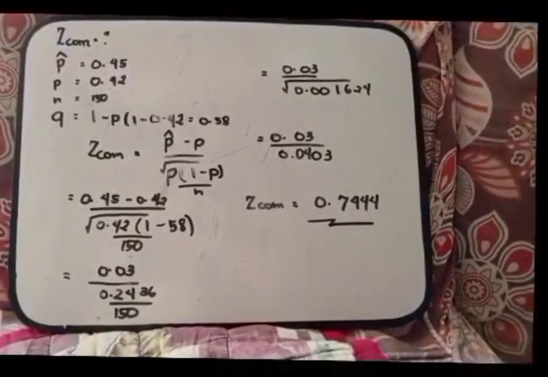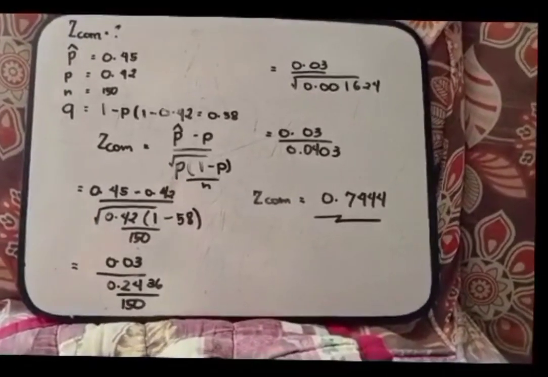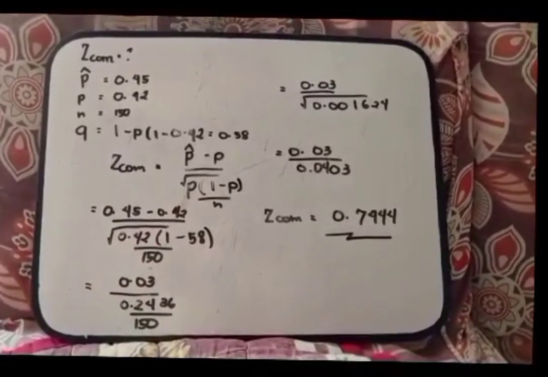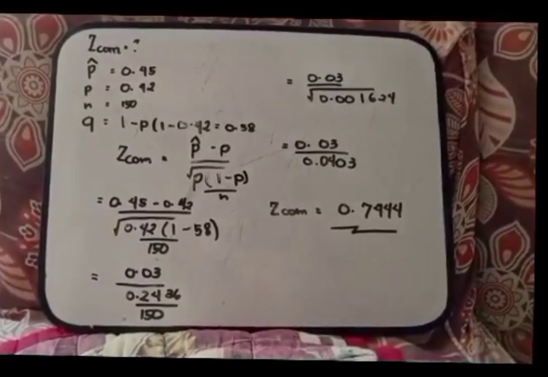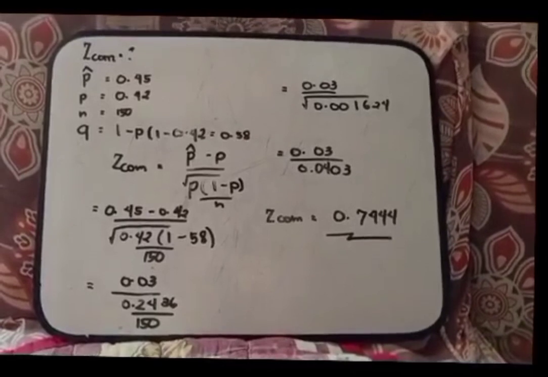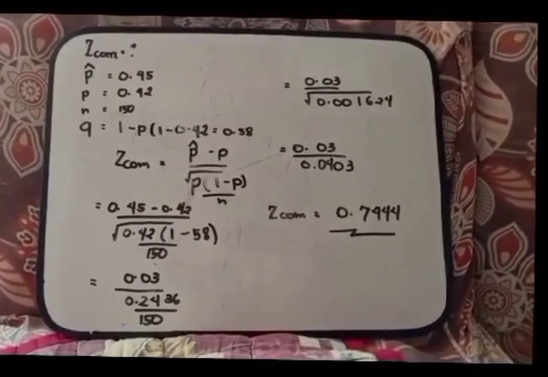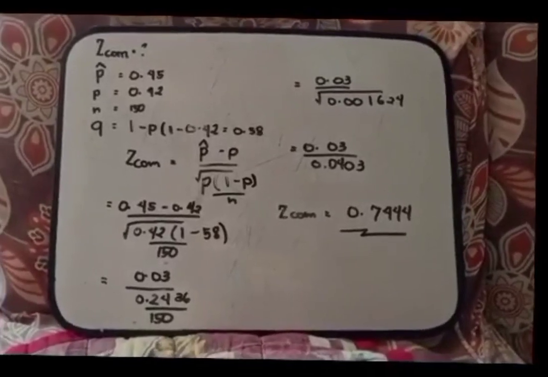In step number 2, we need to follow the formula or substitute the given data. Z-com is equal to sample proportion minus population proportion over the square root of population proportion times 1 minus population proportion divided by N, or the sample size.